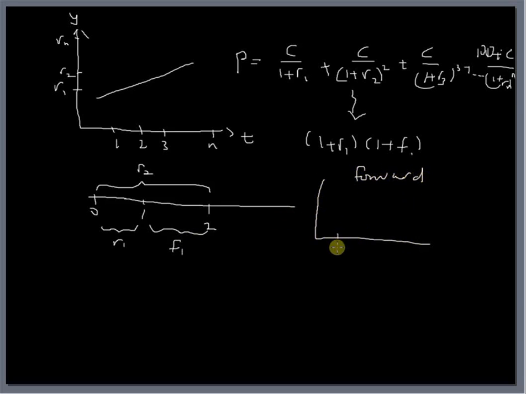So we have year 1, year 2, all the way to year n, and then we plot F1, F2, and so on. So that's the forward curve, and we do so by getting the bond prices for different tenors. Let's look at Excel for an example.